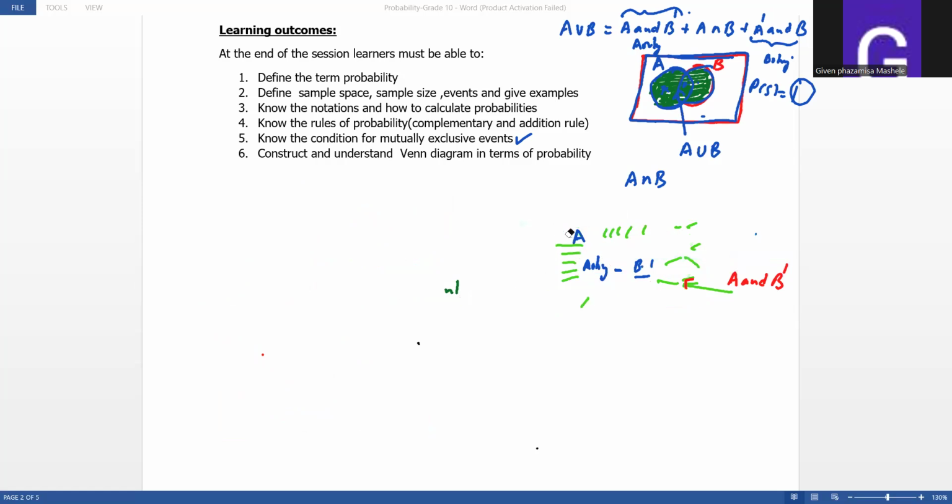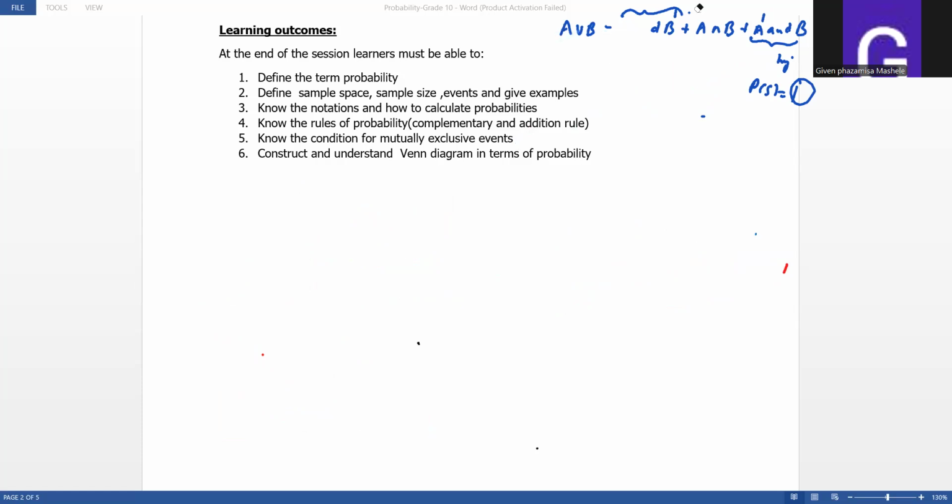Events that are mutually exclusive are those events that have no intersection, which means events A and B are not occurring at the same time or simultaneously.